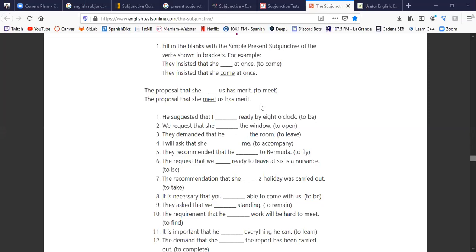Let's go ahead and have PP answer the next one. Or Pepe, I'm sorry, I butchered your name. Pepe, you can answer the next one. You can just type it in if you want.